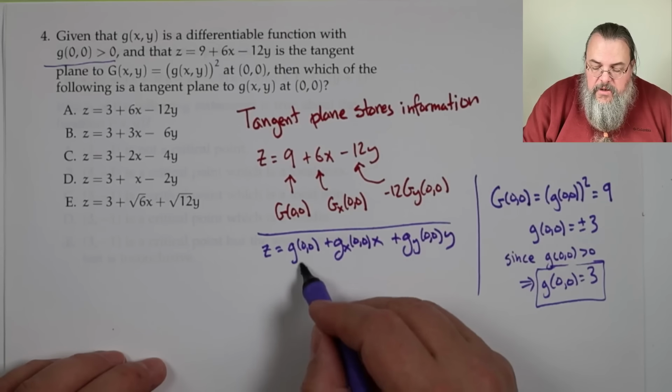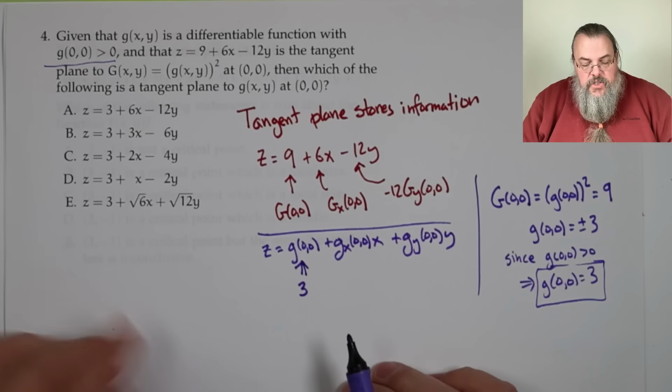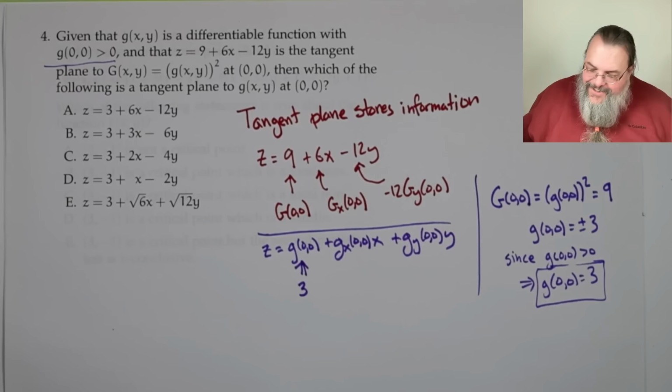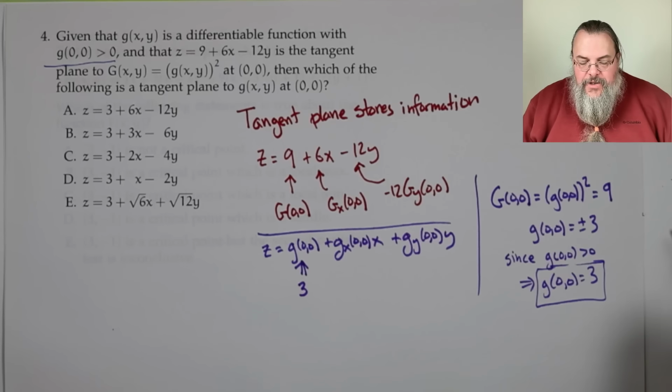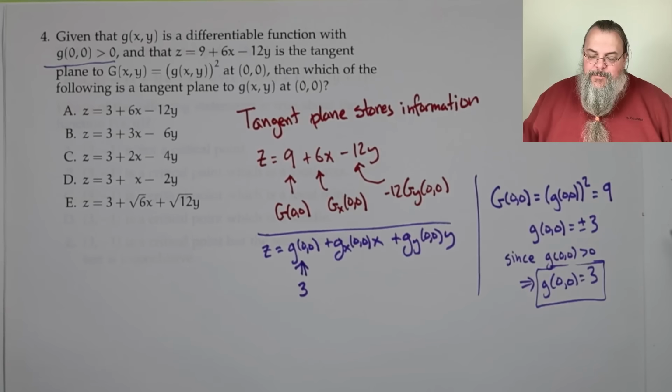So we now know that the first term is a 3, which doesn't do much for us. No surprises. We could have told you it was a 3 just by looking at the choices. But let's go deeper, a deeper cut.